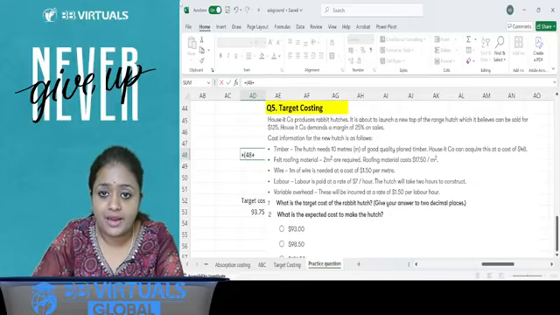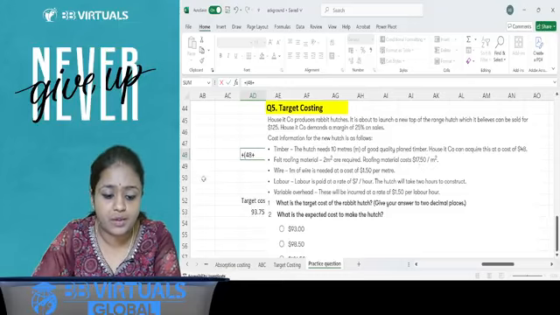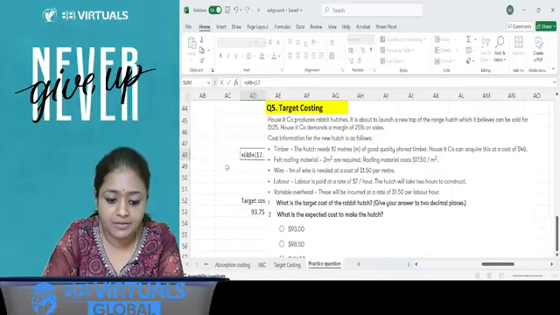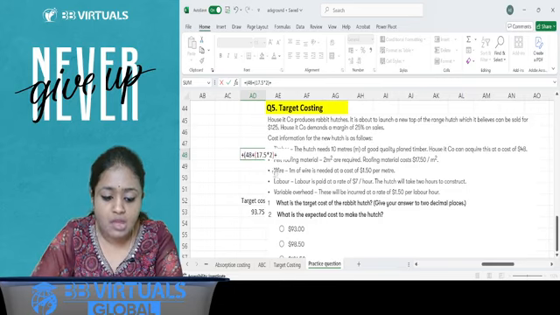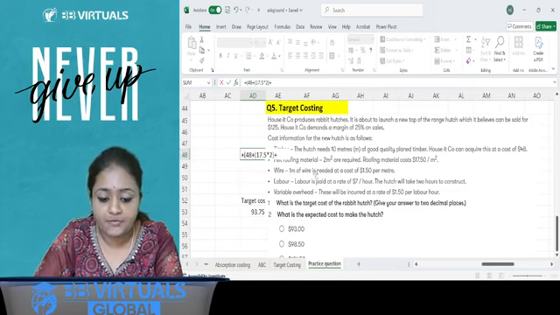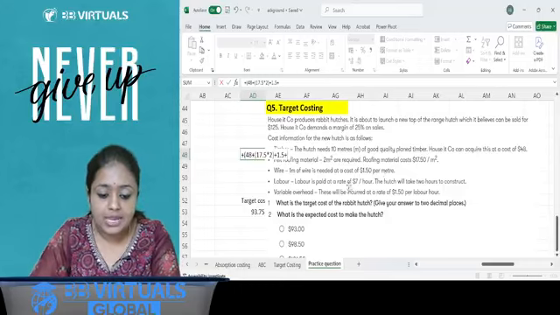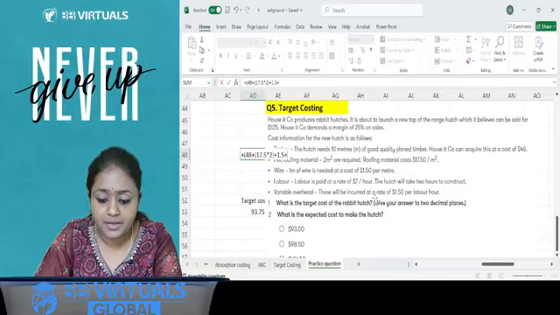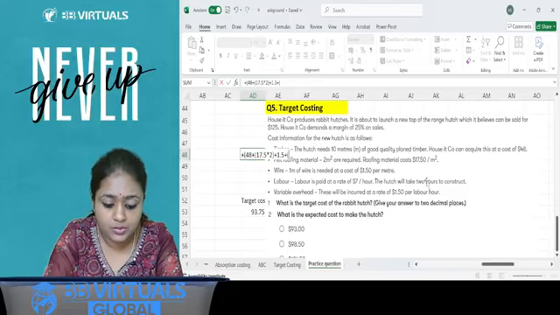Plus, it requires roofing. 2 square meters are required. Roofing materials cost 17.5 per square meter. We need 2 square meters, so I will multiply 17.5 by 2. Now let's add more. Wire is required. 1 meter of wire is needed at a cost of 1.5 per meter. Labor is paid at the rate of 7 per hour and we require 2 hours of labor, so 2 into 7.